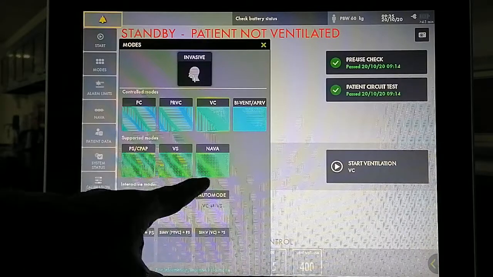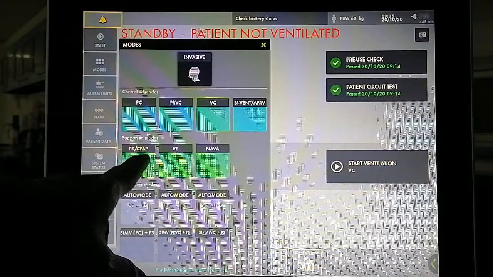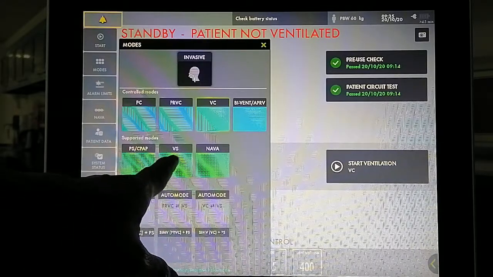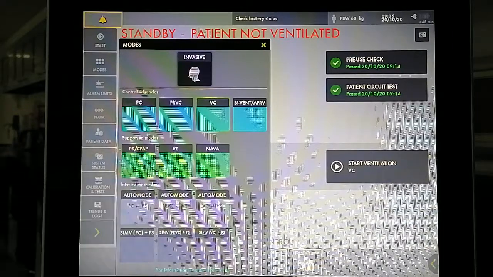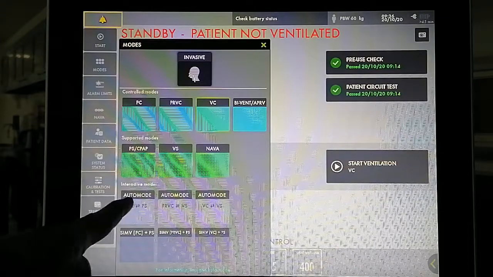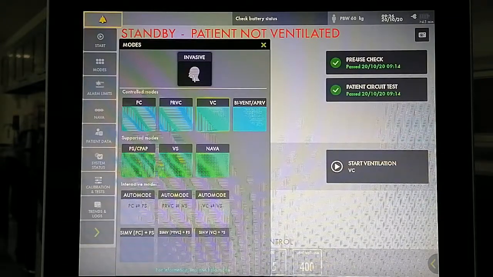Then the supported modes: we have pressure support, CPAP, volume support, and NAVA. Supported modes are basically the spontaneous modes in some of the ventilators. Then we have the interactive modes.